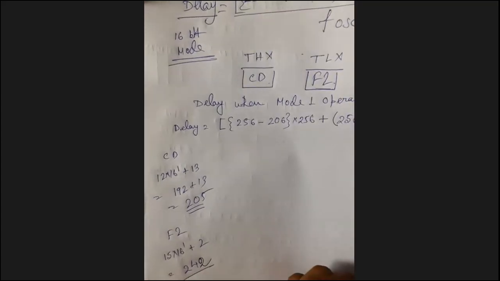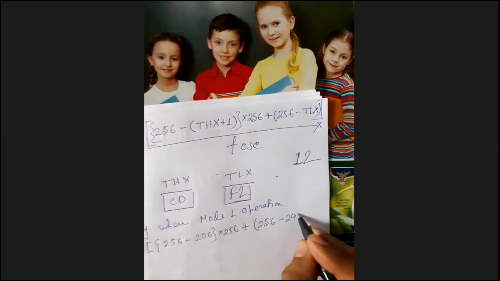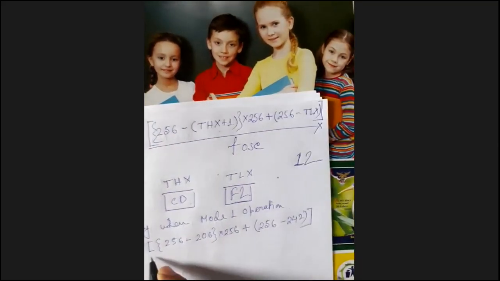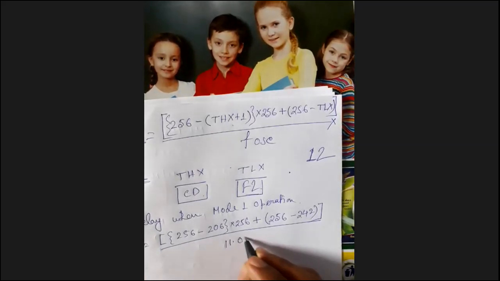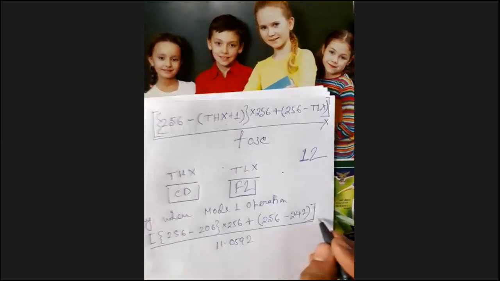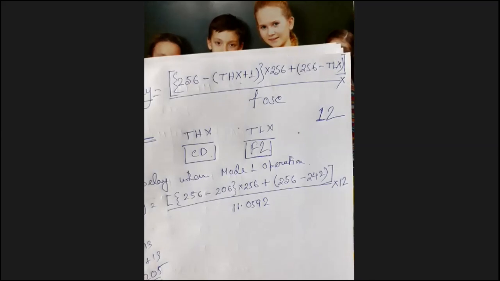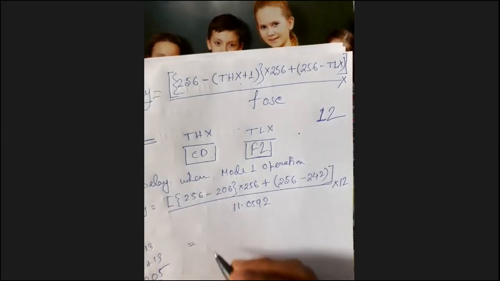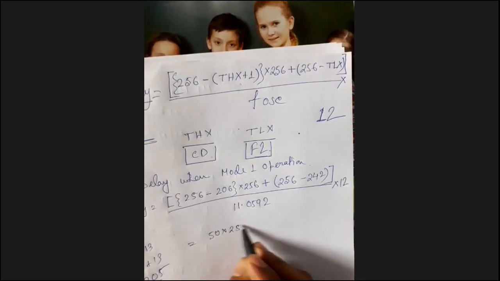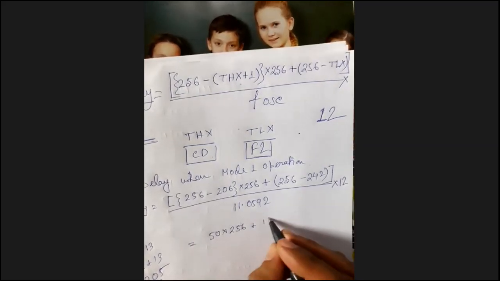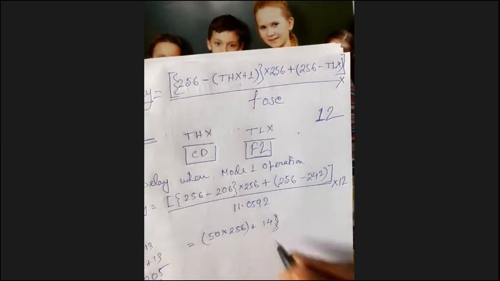We are going as per the formula, and the crystal oscillator frequency is 11.0592 megahertz, into 12 for the clock cycle.